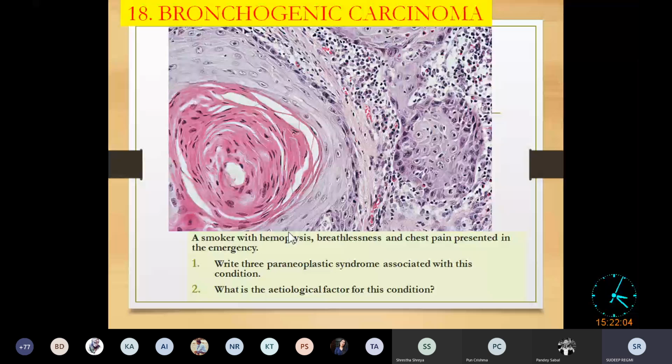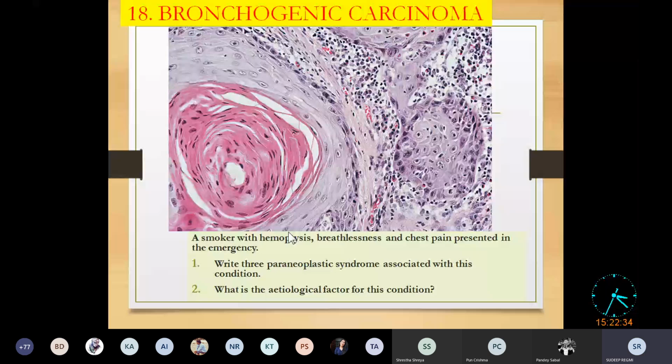Cushing syndrome, very good. Hypercalcemia. Syndrome of inappropriate ADH secretion, SIADH. So you have to write just 3, but you have to know what are the related paraneoplastic syndromes.